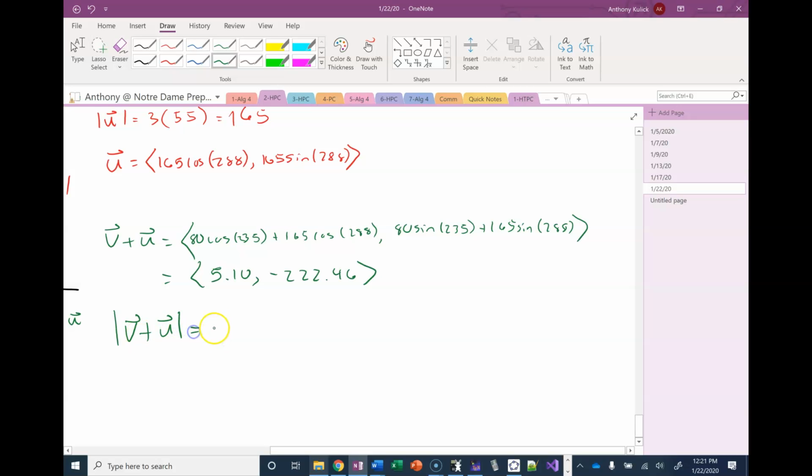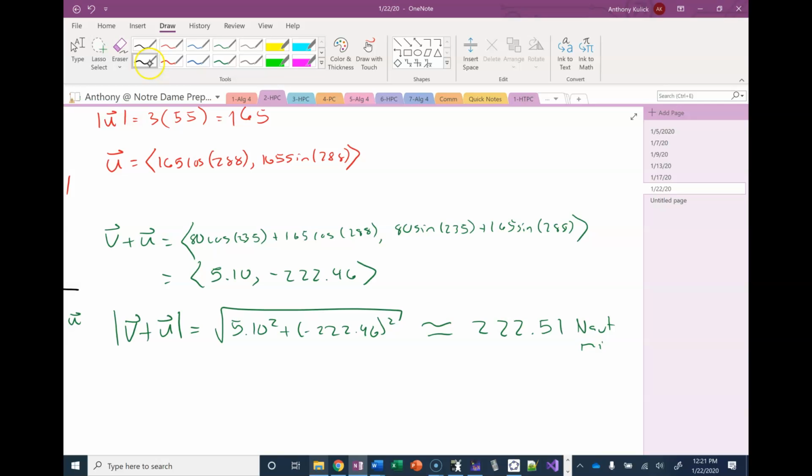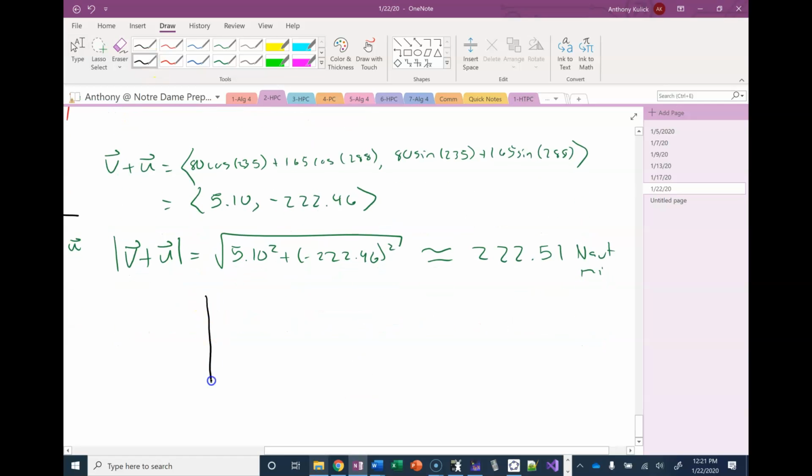If I want the magnitude of that, I do this and I get about 222.51 nautical miles. And then if I draw my picture and plot the point 5.10, negative 222.46, it's down here somewhere.